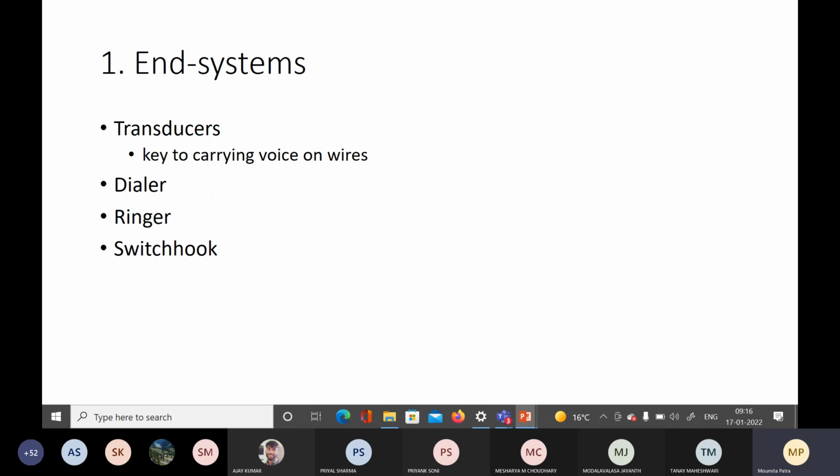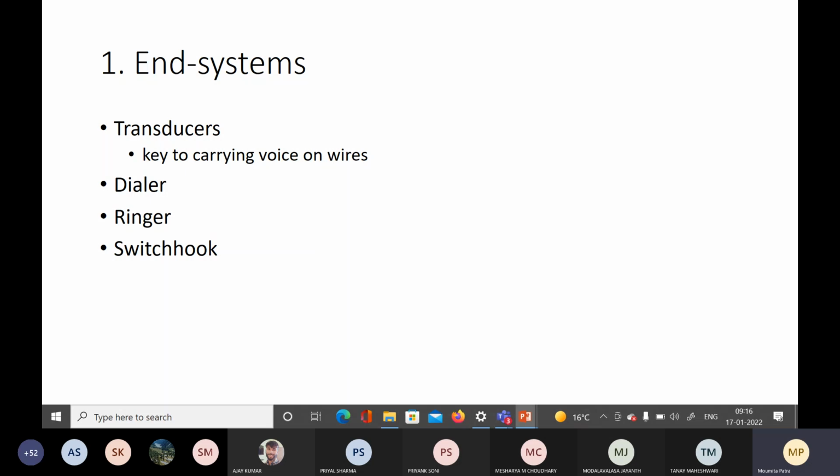This is pretty simple. Your end system is the device which allows you to connect to another destination, to transmit your voice to that destination, and to listen to the voice of the other person who is speaking to you. Therefore it has transducers, which are responsible for carrying voice on wires.